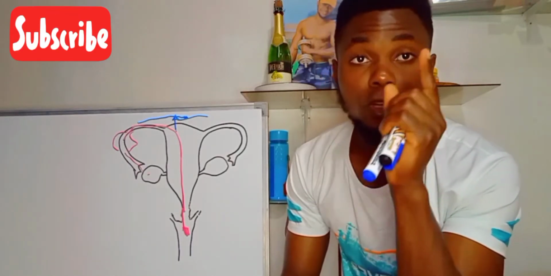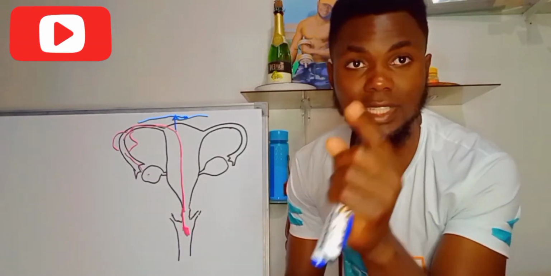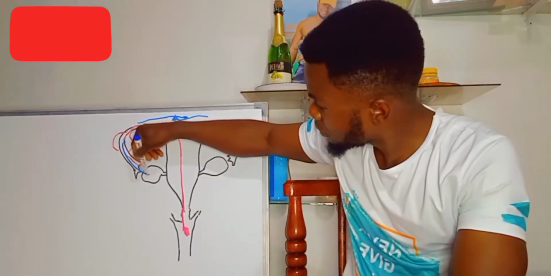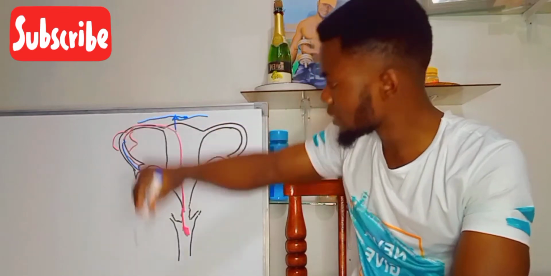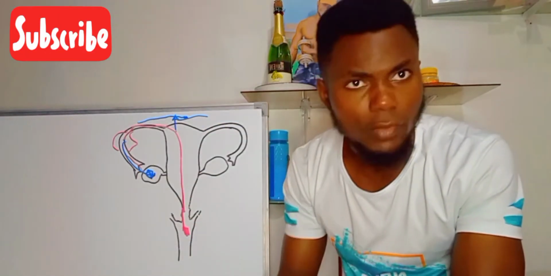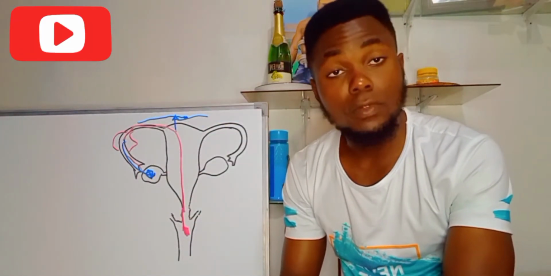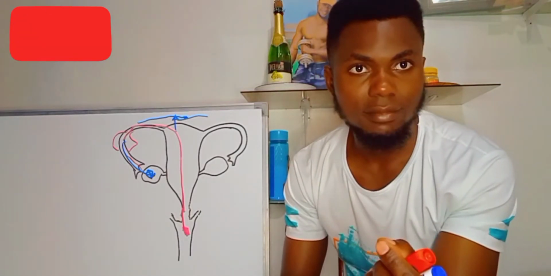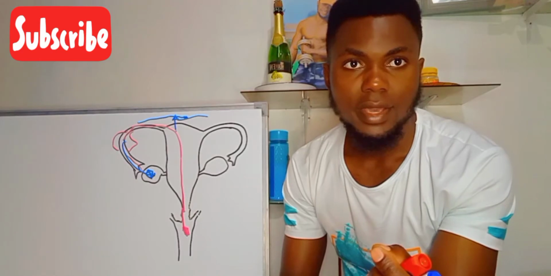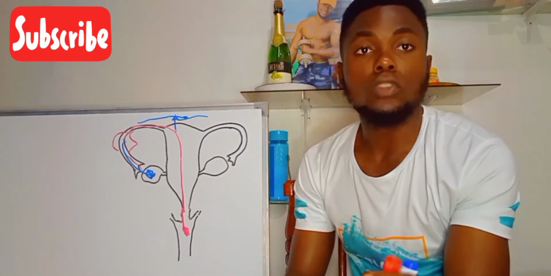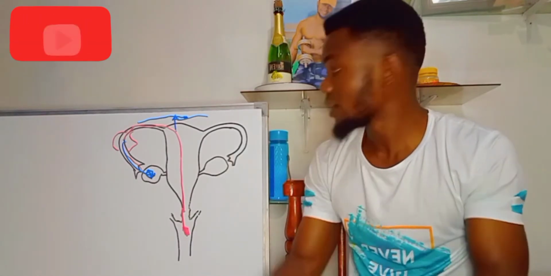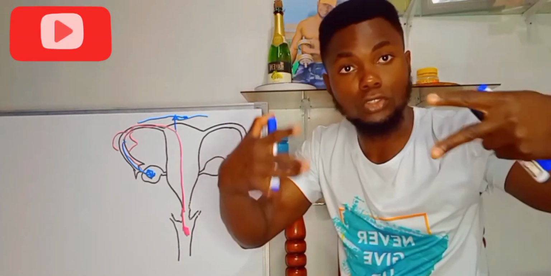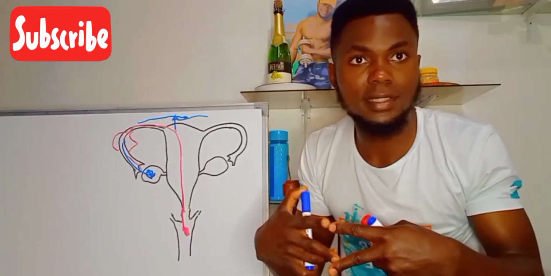Then we have those pathogens that cross to the ovaries and cause inflammation of the ovaries, which we refer to as oophoritis. Then there are those that cause an abscess between the fallopian tube and the ovary, which we call the tubo-ovarian abscess.